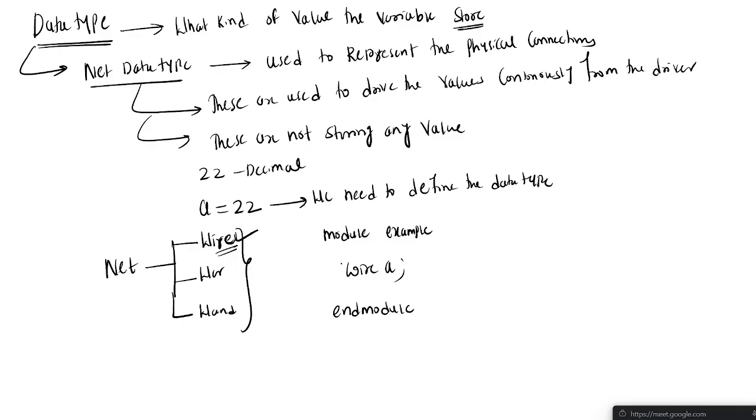Wire is the data type. This is a keyword. Wire is a keyword, and a is a variable, or it can be an identifier. Did you understand this?